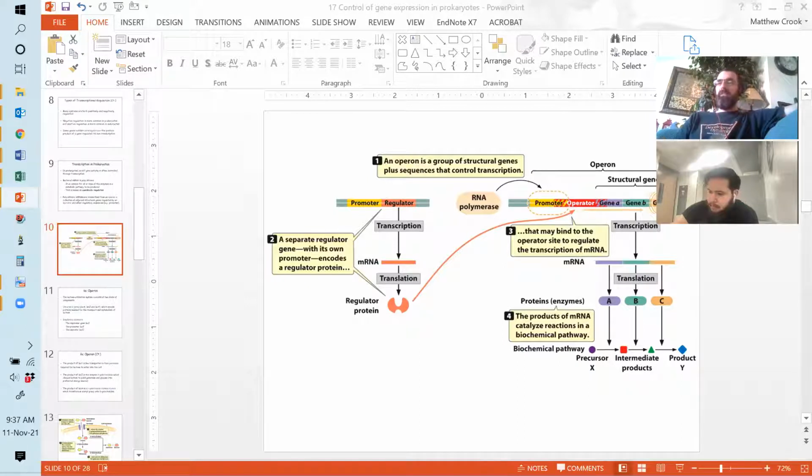Now, if this is a repressible operon and only the regulator protein is present, will it bind the operator?